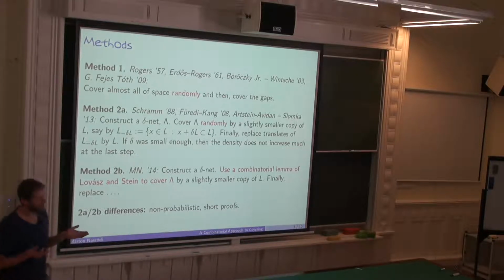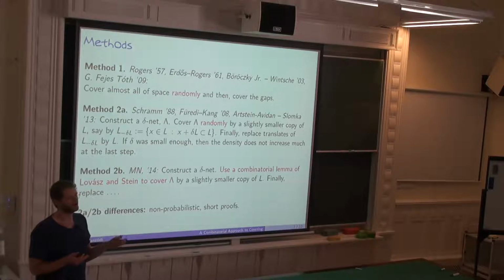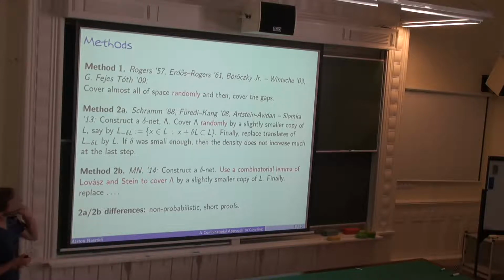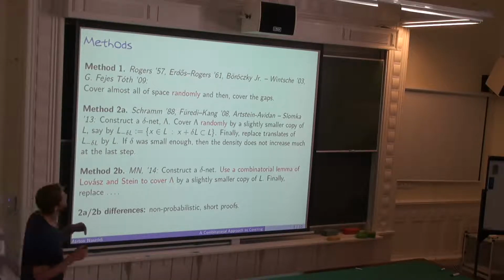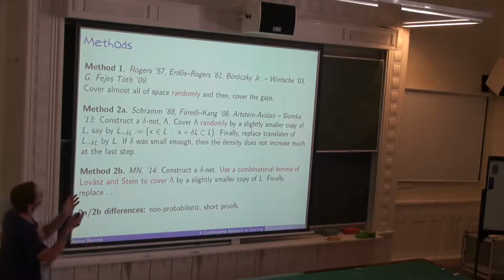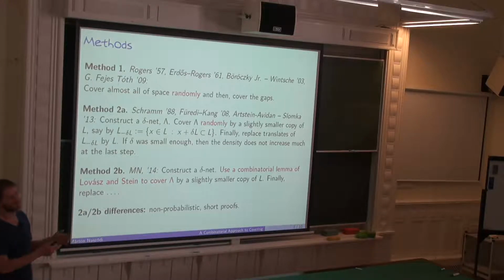Then there is some uncovered region, a gap, and you cover the gap greedily. Covering the gap is an expensive thing, but covering most of space is very cheap, so on average you end up with a very low cost.